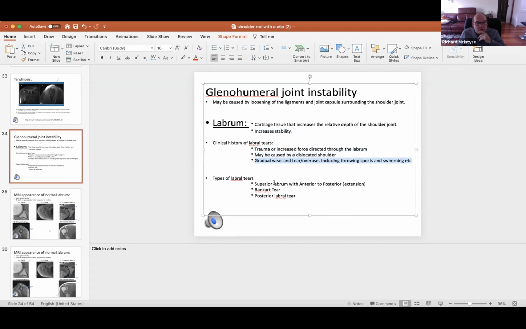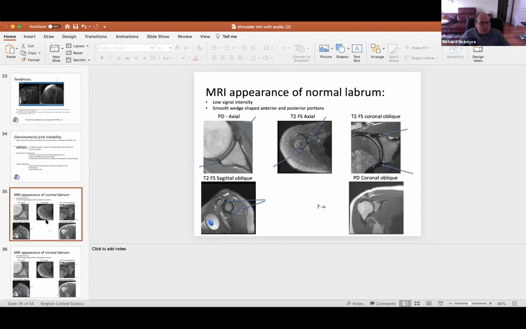We've got a superior labrum with anterior to posterior extension, which is called a SLAP tear. Then a Bankart tear and a posterior labral tear. We'll go through those as well.